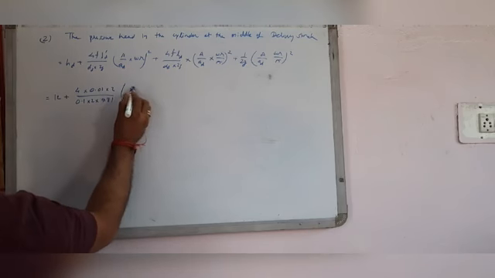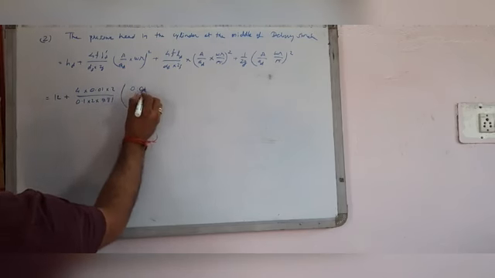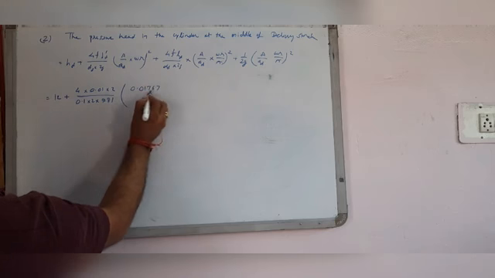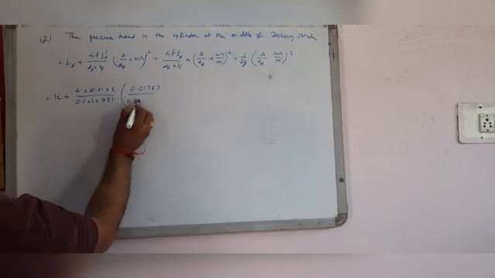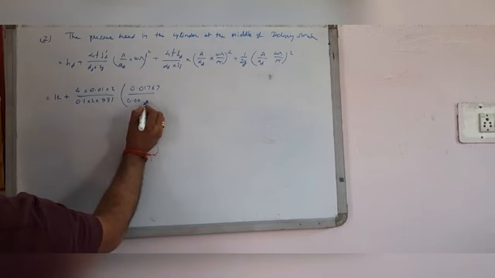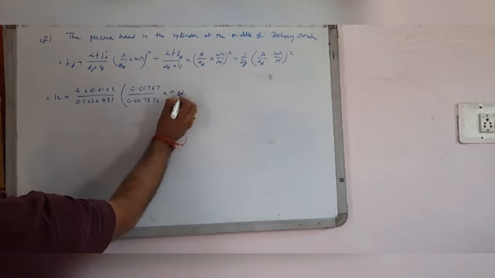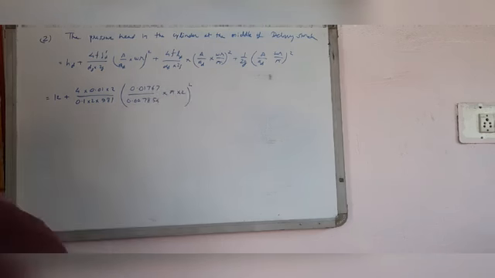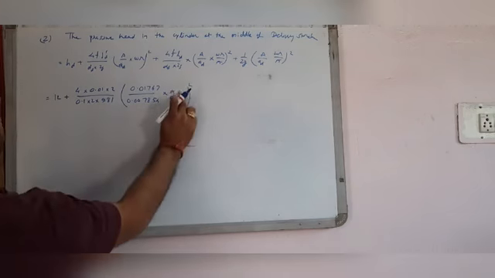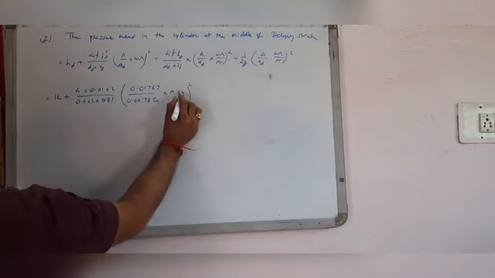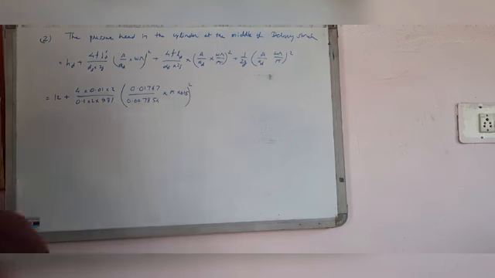Area is 0.01767 by 0.00754 into pi into 0.15 whole square.